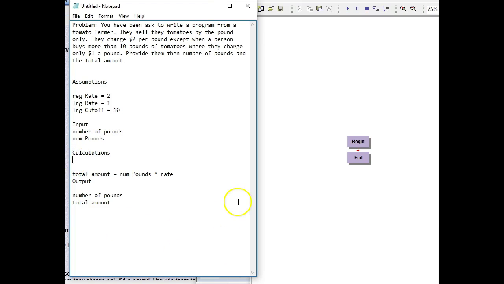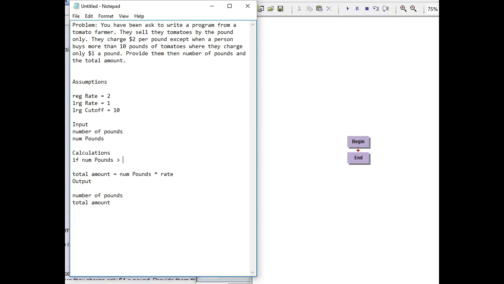So I'm going to say that if, and again I'm going to copy and paste, if num pounds. You never want to do typing because I have to have these exactly the same as both of these. And we use the greater than symbol. So the greater than symbol points to the right.